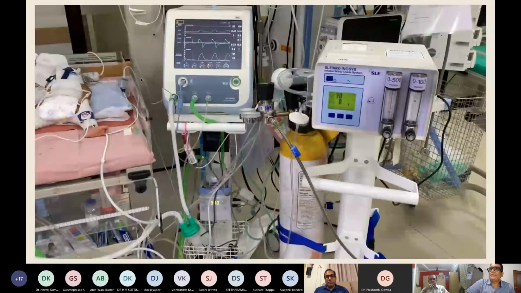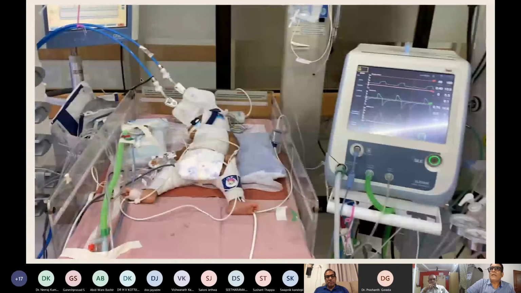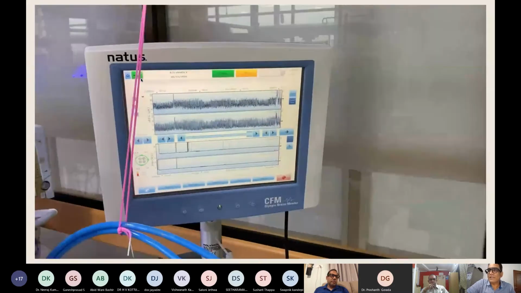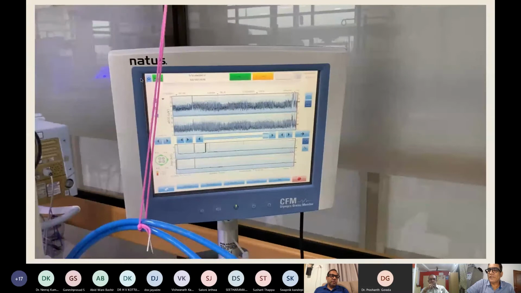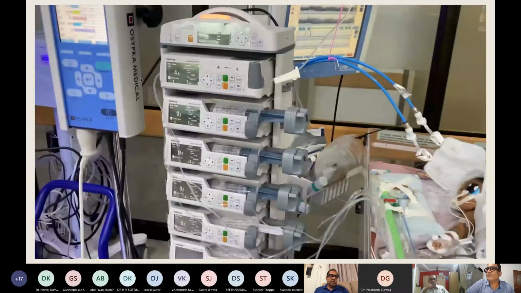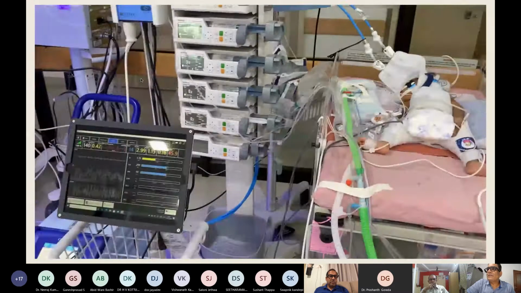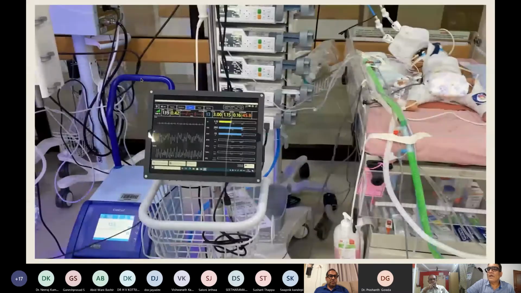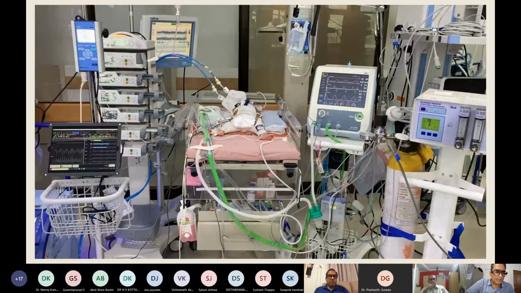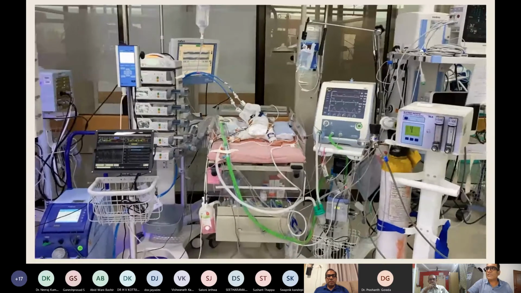You can see that there is a brain function monitoring being connected to this baby. This baby is quite sick, requiring lots of support, with so many infusion pumps and the non-invasive cardiac monitor on the cooling machine. So this is how typically a neonatal intensive care looks like.